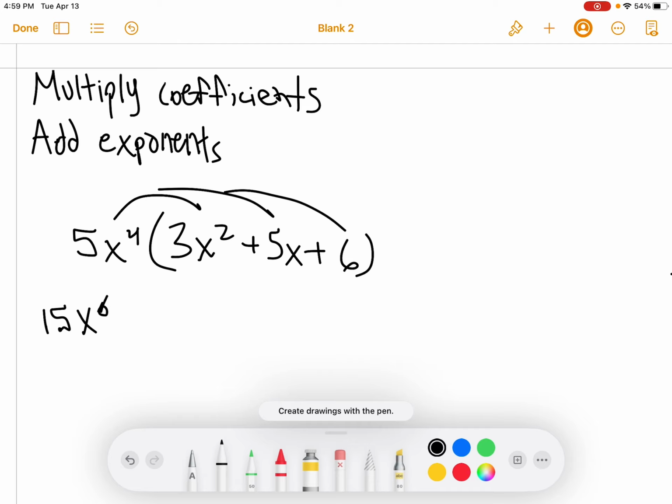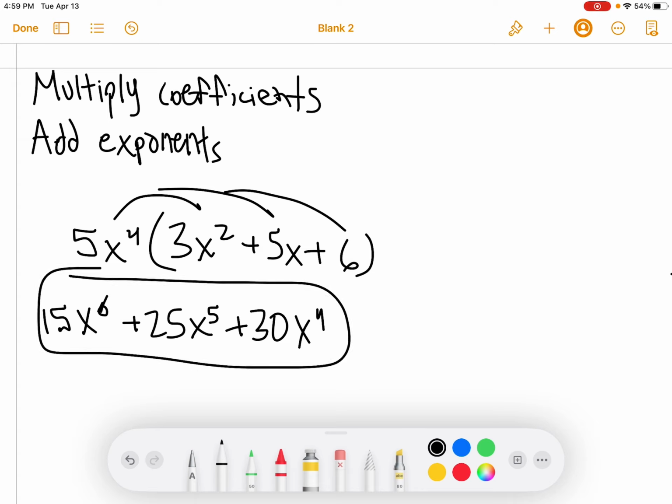Then the second part: 5 times 5 is 25. x to the 1st times x to the 4th is x to the 5th. And then 5 times 6 is 30, and there's no x, so we just keep the x to the 4th. That's how you multiply like that.